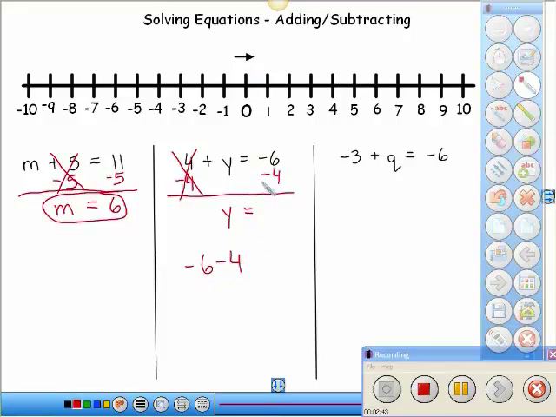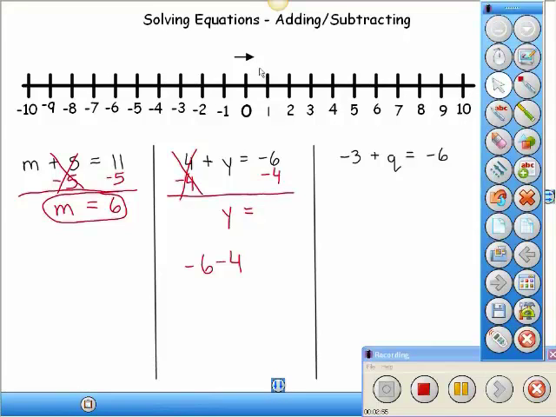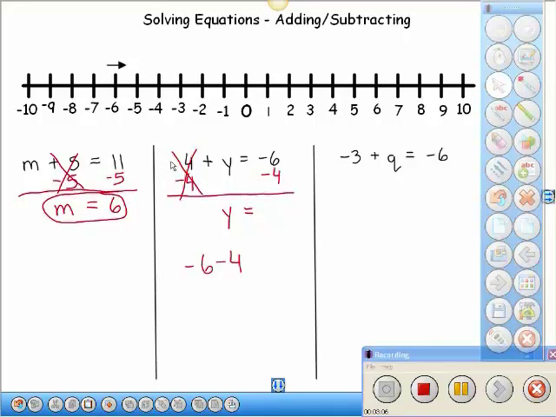And now we can go back up and use our number line and see how this works. Remember, on our number line, we're going to start our arrow on the first number, so negative 6. So we've got our arrow on negative 6. We always begin by pointing to the right. And every time we see a negative sign, what do you do? You flip the direction of the arrow.